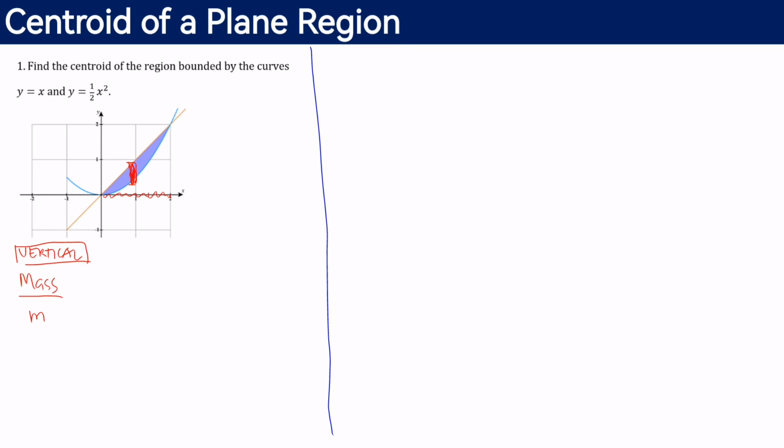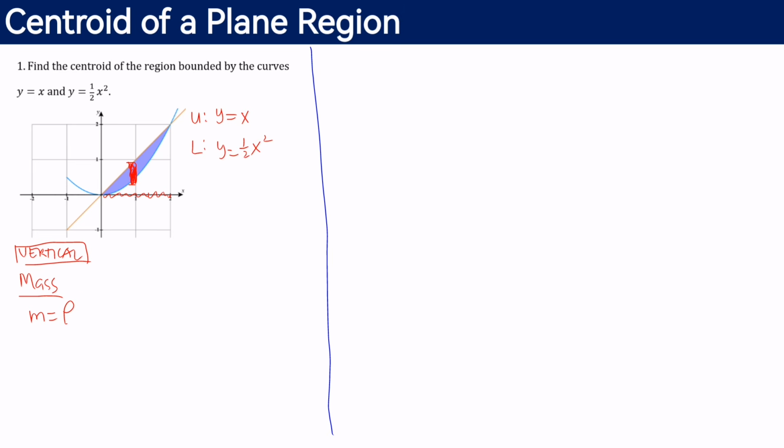So the mass is m equal to linear density times the area of the region. Since we used vertical rectangle, then the area is just the integral of the upper minus the lower function. So the upper curve is defined by the function y equal to x, while the lower curve is defined by y equal to 1/2 x squared.